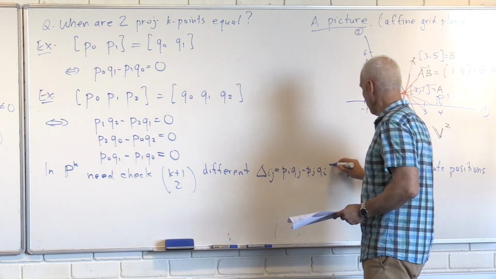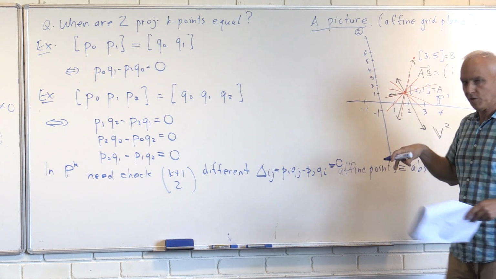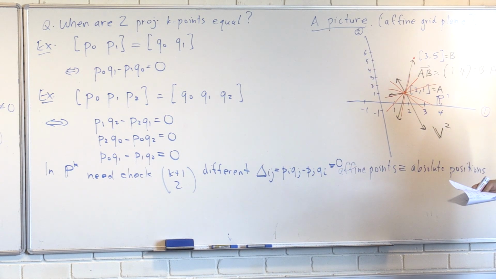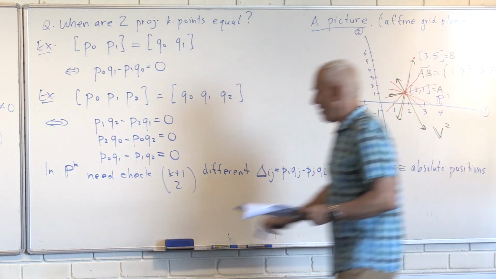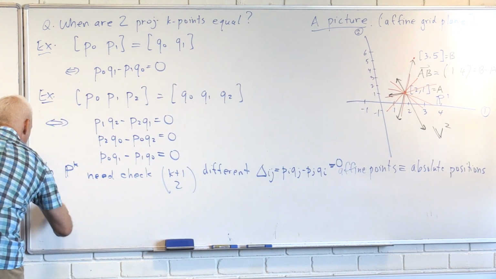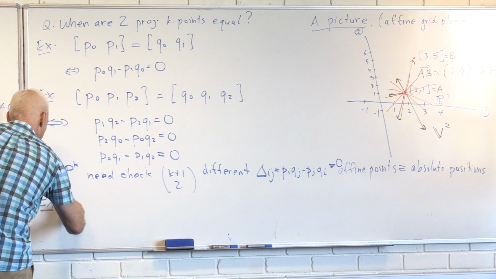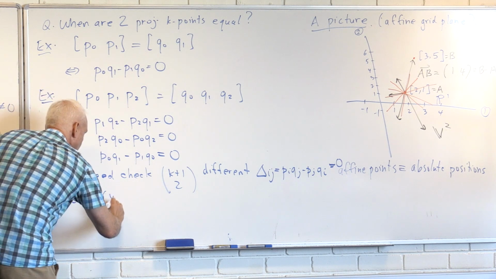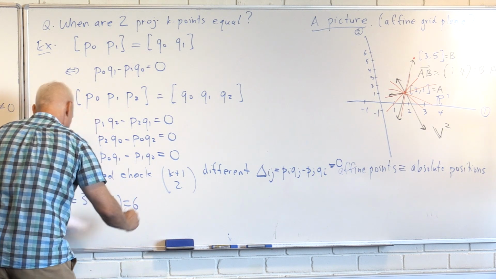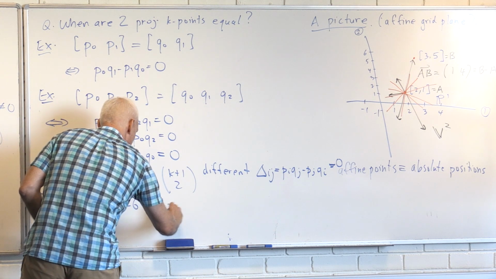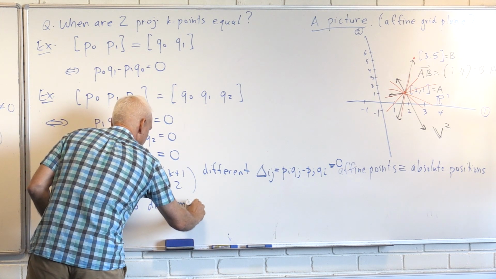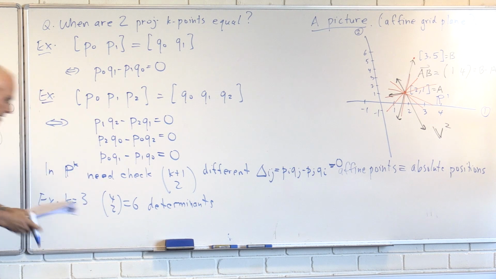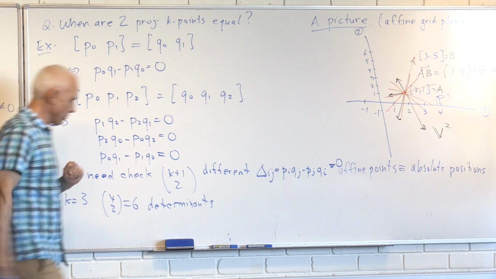We need to check that they're equal to 0 for all possible pairs of indices. For example, in three-dimensional space, when K equals 3, there are 4 choose 2, or 6 determinants that need to be checked. And this was the start of a very interesting story, which I'm going to ultimately tell you more about.